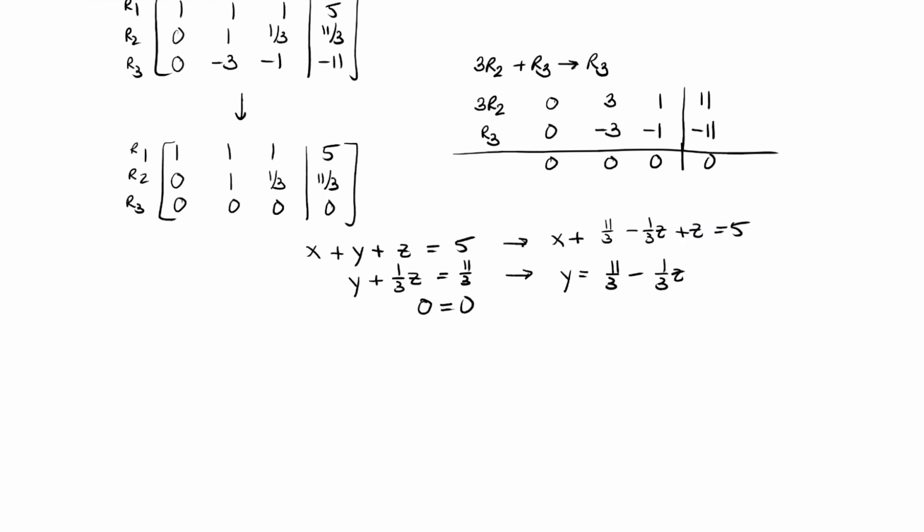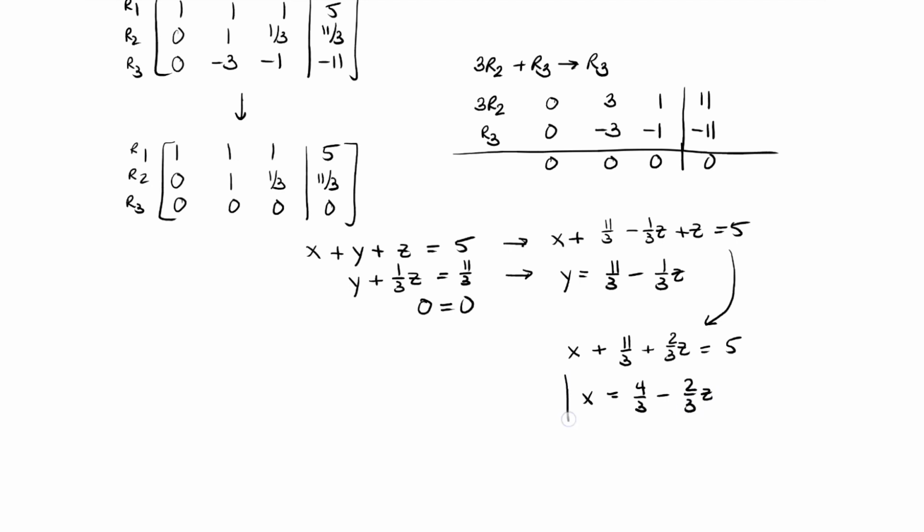Let's combine the like terms: 11/3 minus 1/3 z plus 3/3 z is plus 2/3 z, equals 5. To solve for x, we move everything to the other side. 5 minus 11/3 is 15/3 minus 11/3, so that's 4/3 minus 2/3 z.